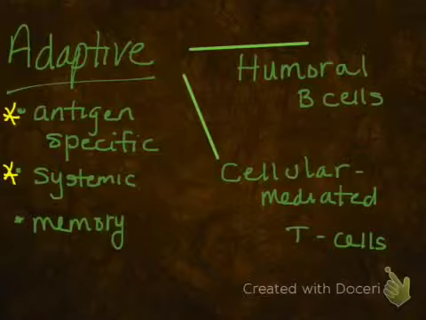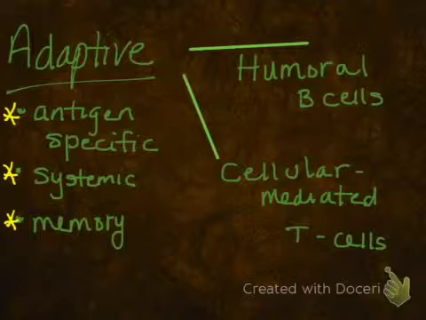And the advantage, even though it might be a little slower to start, is that the adaptive immune system creates immunological memory. And we have these memory cells that are stored up in our body that help us fight off an infectious agent. After we met it once, we will then have a stronger immune response and a quicker immune response every subsequent time that we come into contact with that bad guy.